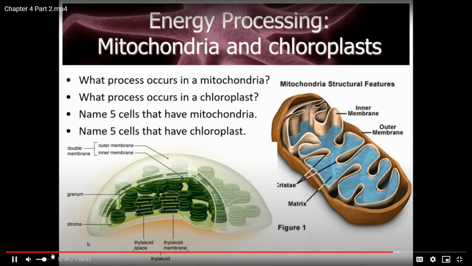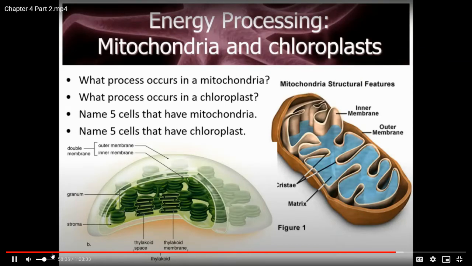Okay, so what kinds of cells do you think have a mitochondria? Can you name, just in general, what kind of cell has a mitochondria? All eukaryotic cells. So do any prokaryotic cells have a mitochondria?